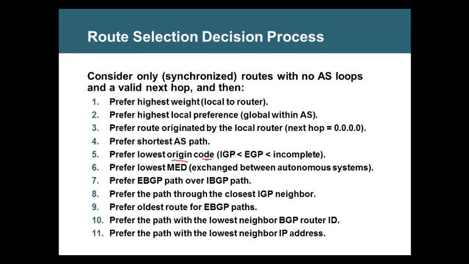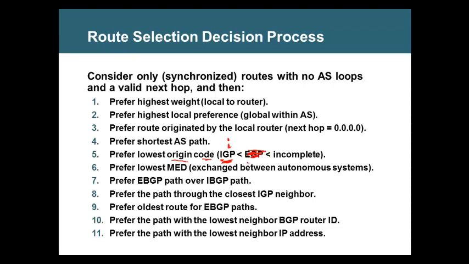The origin code for an advertised network is I. That is why it is called internal to BGP, because we use the network command to advertise.